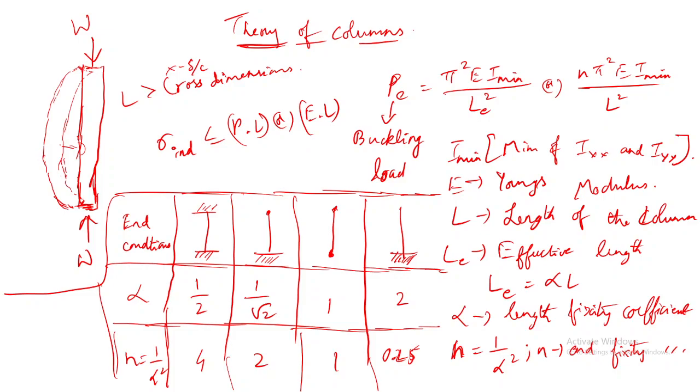So based on this, we can come up with some kind of objective problems also. For example, how much of buckling load in a column with both ends fixed will be x times the buckling load of a column with one end fixed and the other free?